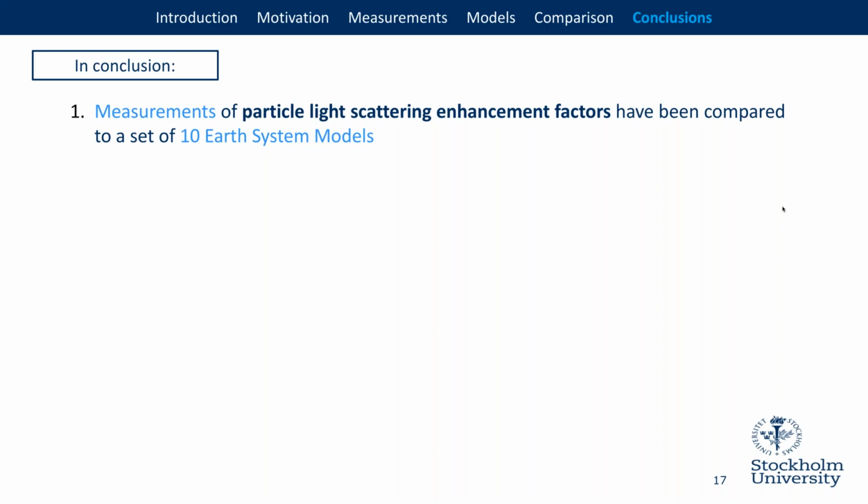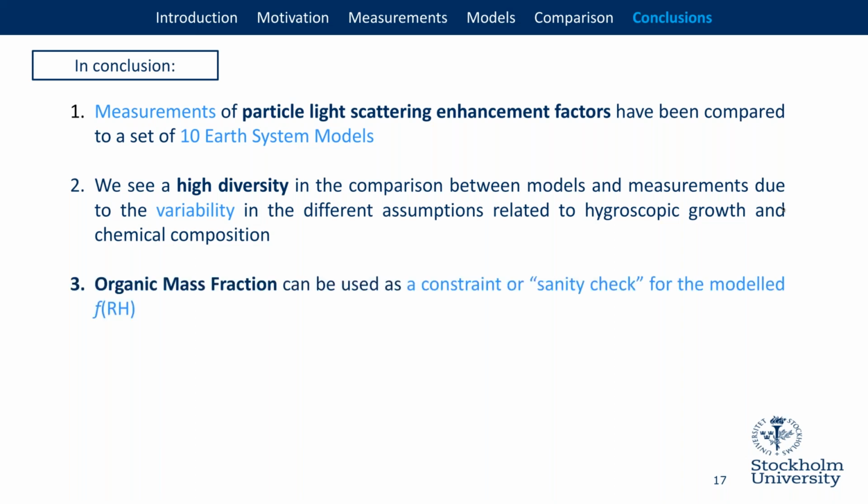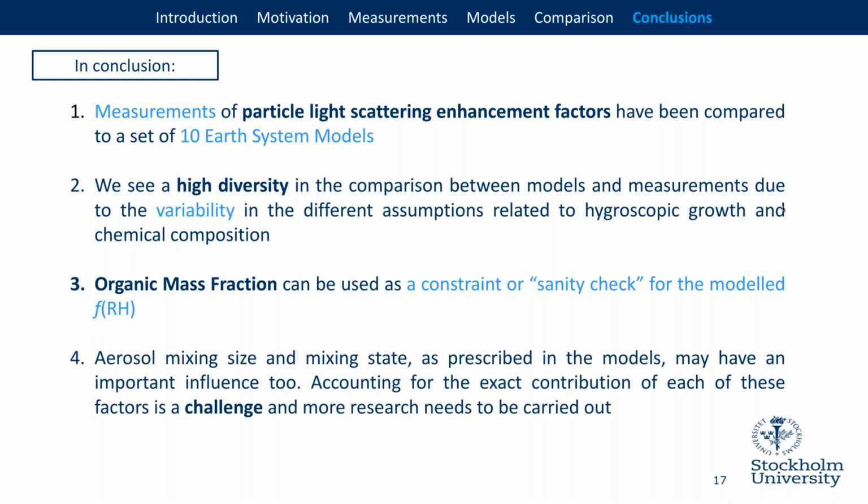system models. We saw high diversity in this comparison between models and measurements, and that's due to the variability in different assumptions that models make, and they relate to hygroscopic growth and chemical composition. We also used organic mass fraction as a constraint or a sanity check for this model F of RH.